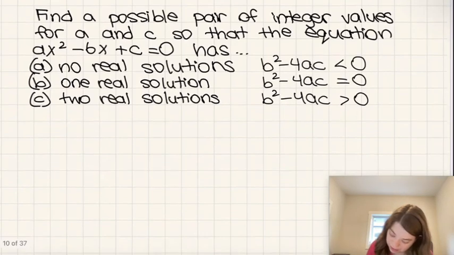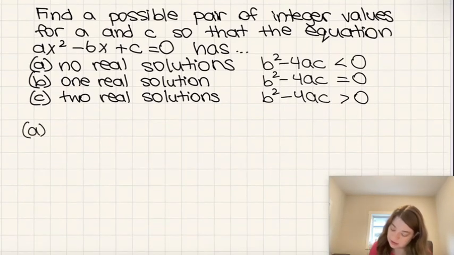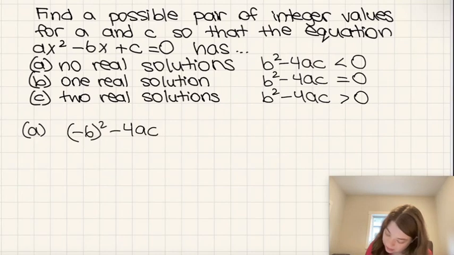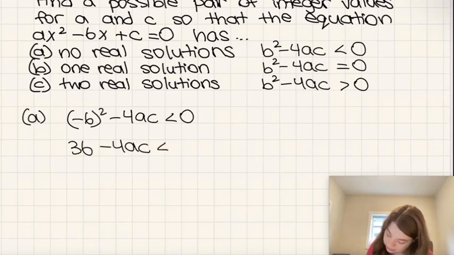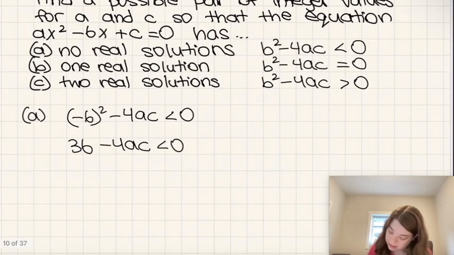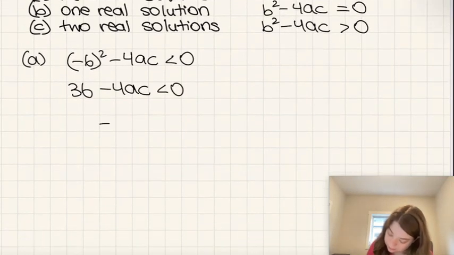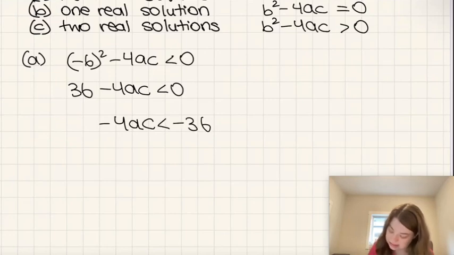All right, so starting with a, no real solutions, we would need b squared minus 4ac to be less than 0. That means that negative 6 squared minus 4ac would have to be less than 0. That means 36 minus 4ac would have to be less than 0. And that means that negative 4ac would have to be less than negative 36.